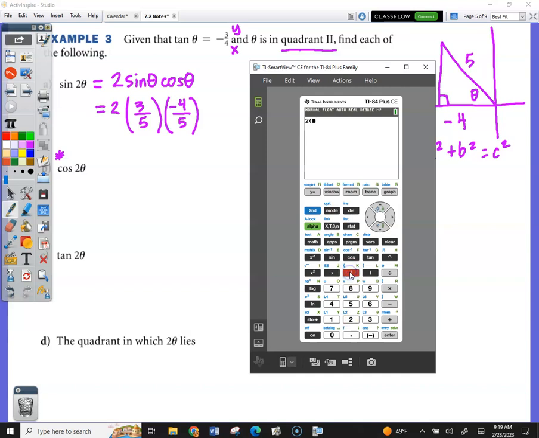Two parentheses. These aren't too bad. Sometimes it's like -117 over 65 or something. All right, so -24 over 25 is our answer.